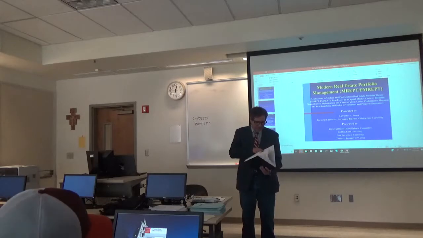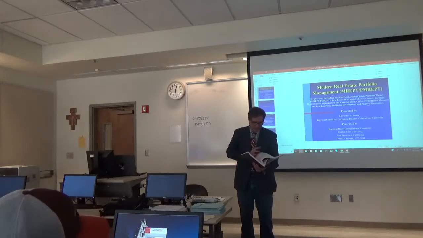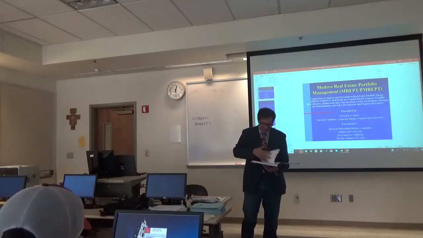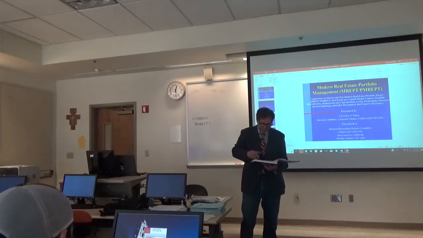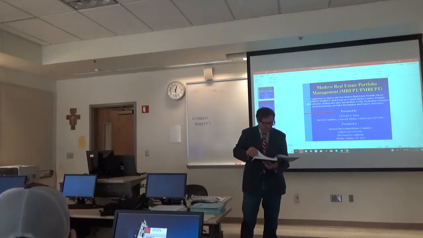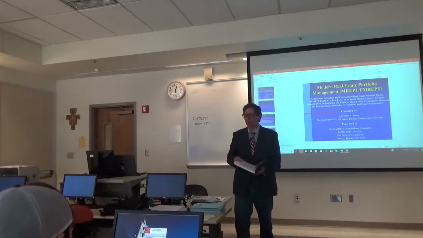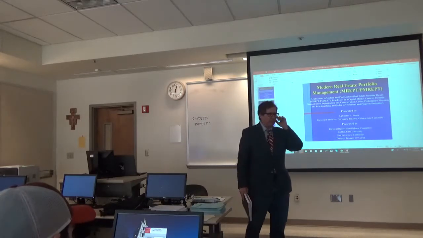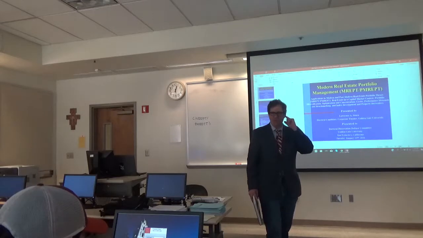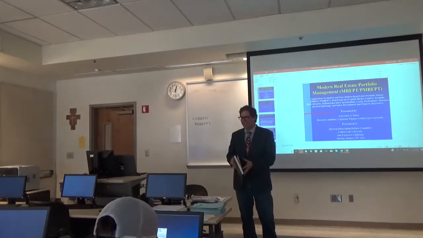So that was basically chapter 3. And then the next chapter, and I'll go through the presentation a little bit more, I'm just doing an introduction. So that was the modern real estate portfolio management piece. And then chapter 4 basically stated that once you built the multi-billion-dollar real estate portfolio, how could you hedge it?